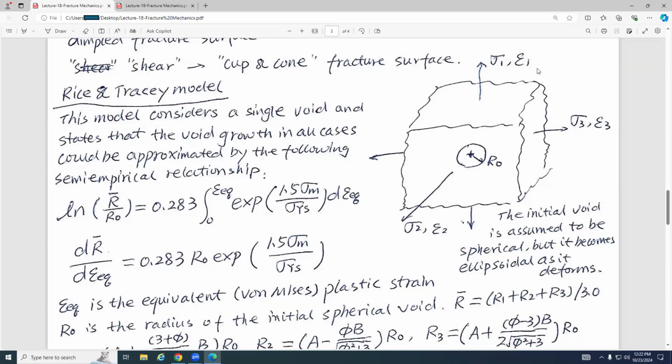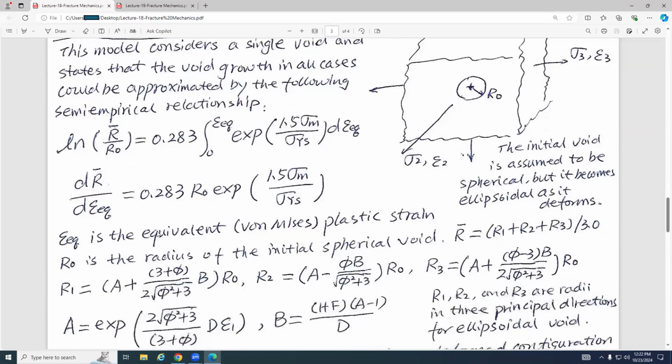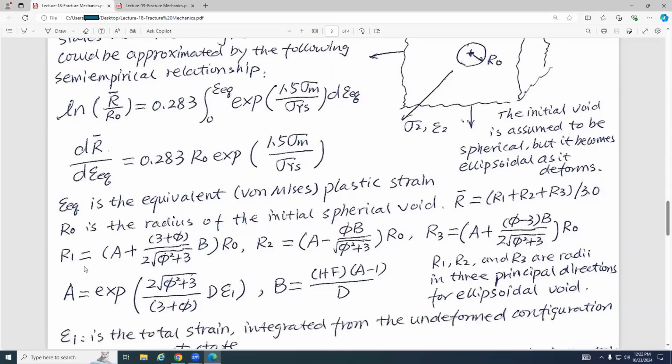So epsilon EQ is the equivalent plastic strain. And R0 is the radius of the initial spherical void. At the very beginning, we assume this void has the same radii in 3 directions. And R1, R2, and R3 can be written using these 3 equations.